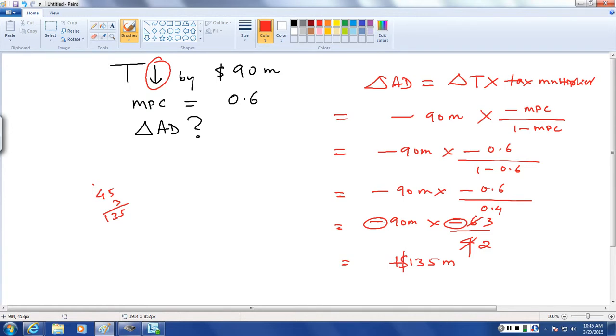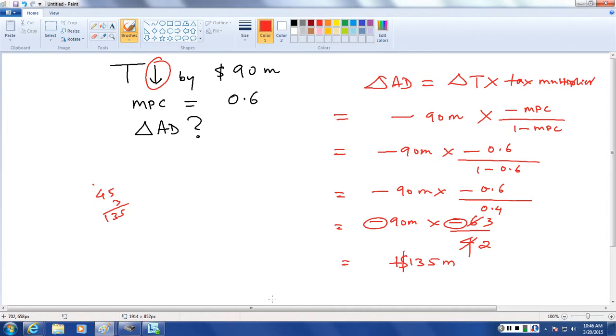Is that right? So clearly it shows here that when taxes go down, the effect on AD is a positive effect. There is an increase in AD, which makes sense. Right? So this would be the effect of the tax multiplier.